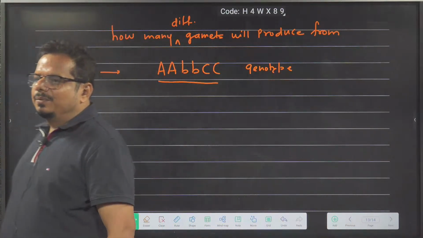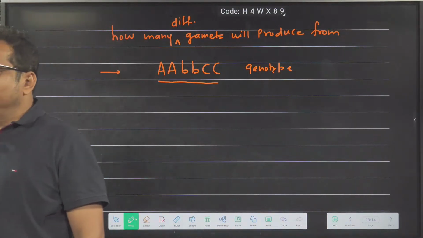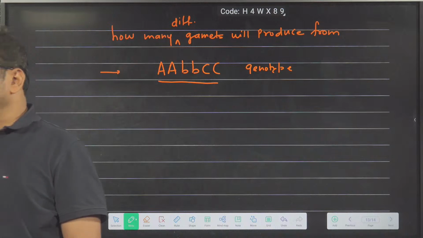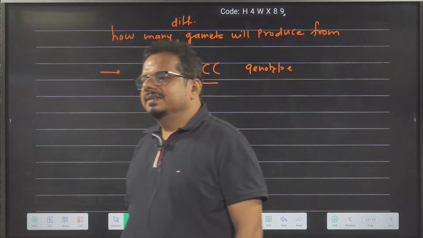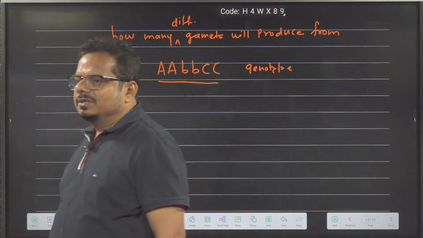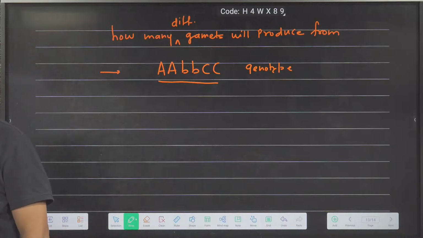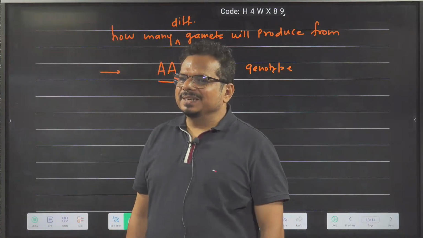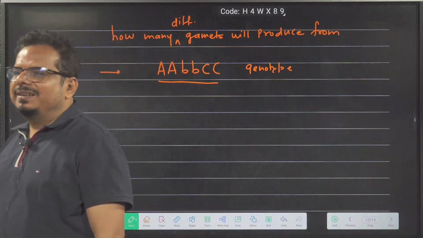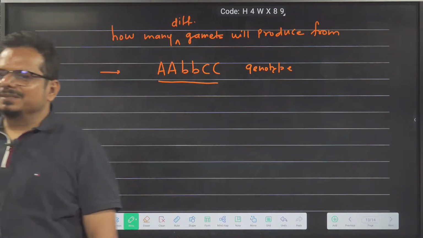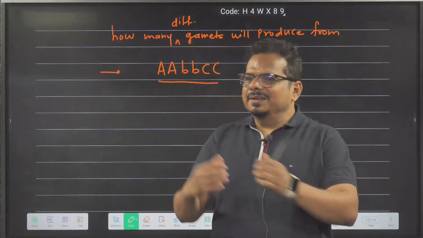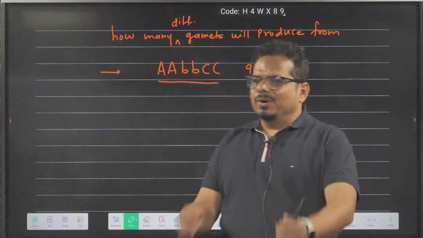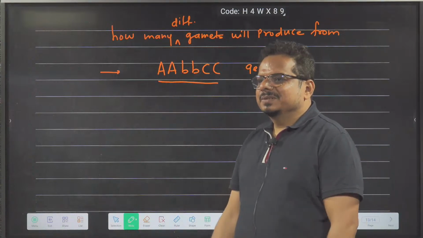So 3 answers, 4 answers have come till now. 2 students wrote 0, 1 student wrote 3, 2-3 students wrote 1. These are the different answers coming from your side. I am just saying you should feel like, okay, we are involved in the class.